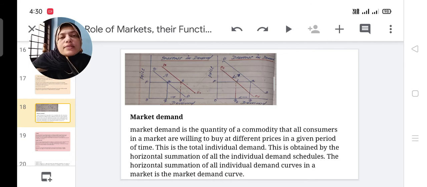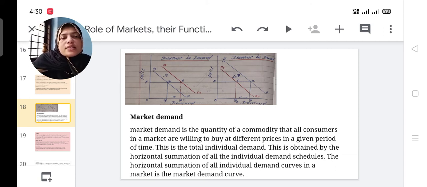The next concept is decrease in demand. Here price is the same, OP price, already he buys OQ quantity, then his income decreased, at that time he bought OQ2 quantity. So the movement from A to C is called decrease in demand.